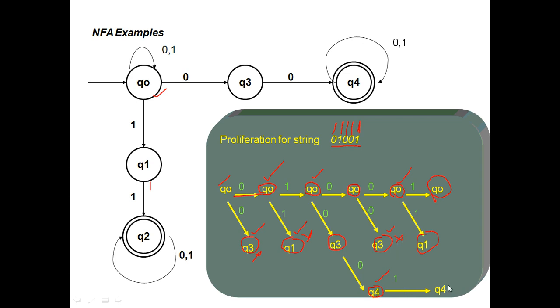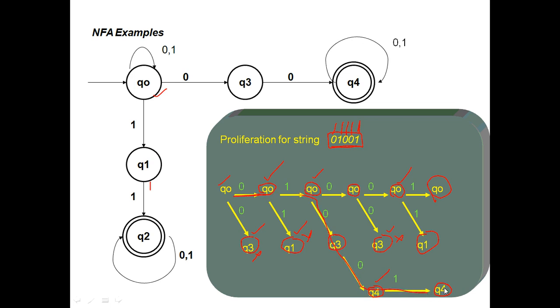Now see, we have so many paths available, and that is how it is written in your first slide, that we have multiple paths. But try to understand one thing: after reading the whole input string, the path which is moving towards your final state, we are going to consider that path only. We are going to consider this path itself. Why?